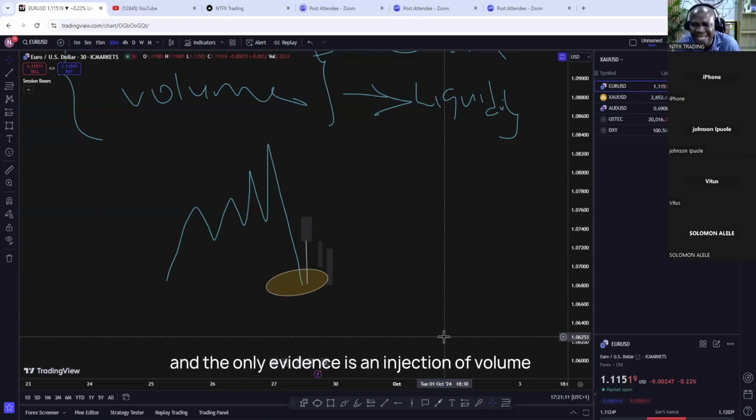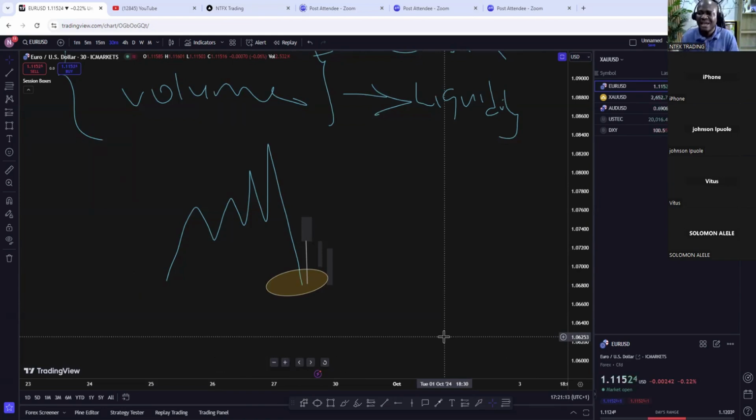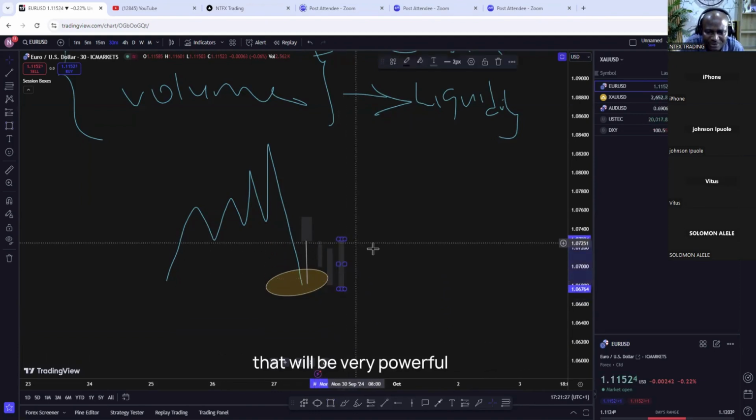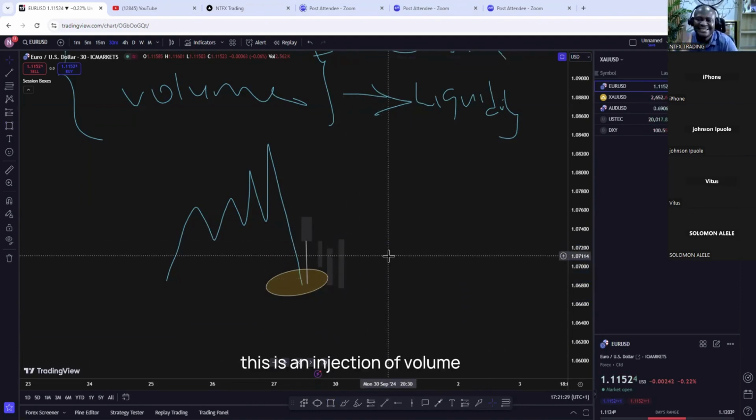And the only evidence is an injection of volume. To us who are not privy to the back end, it is only signified by a candle. Another candle will form here that will be very powerful. This is an injection of volume.